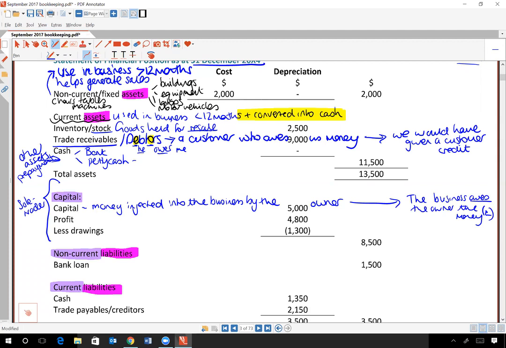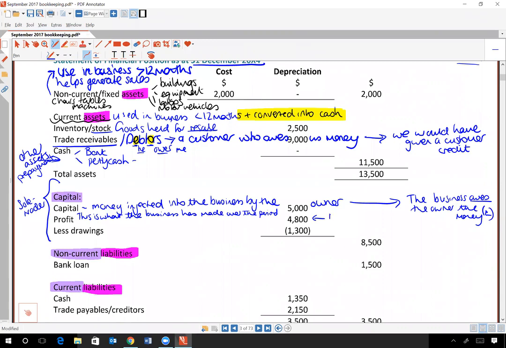You've then got profit. Now, in regards to the profit, this is what the business has made over the period. And this is paid to the owner.